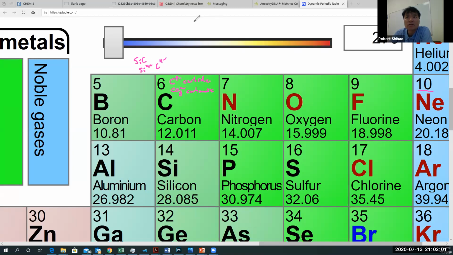Now carbonate's kind of interesting. If we consider oxygen, what's the charge that oxygen likes? Oxygen likes to form O with a 2 minus charge. This is what we call oxide. And so we have 3 oxygens, each oxygen's minus 2. And then I have 1 carbon plus 3 oxygens giving us a net charge of 2 minus.